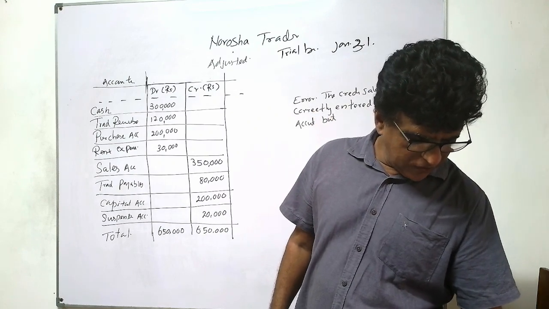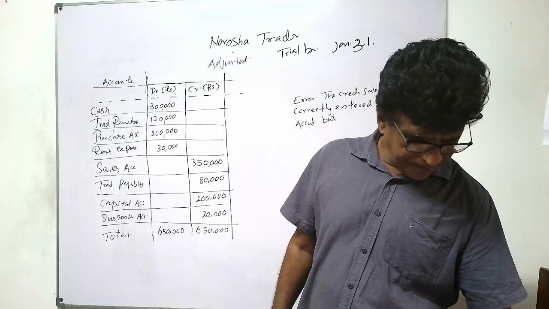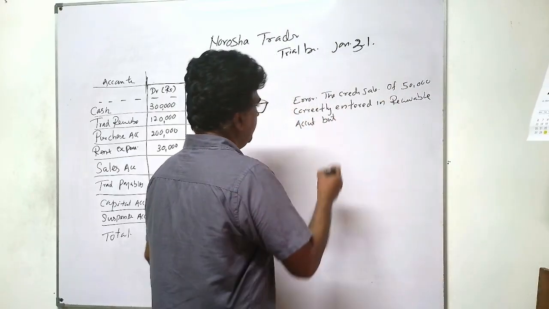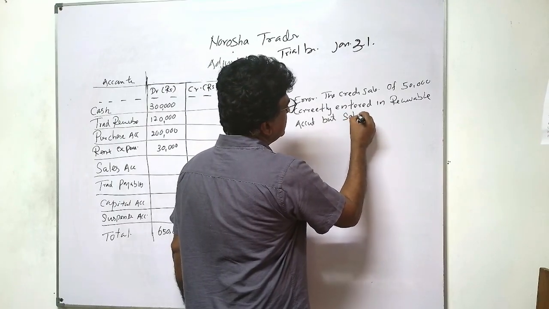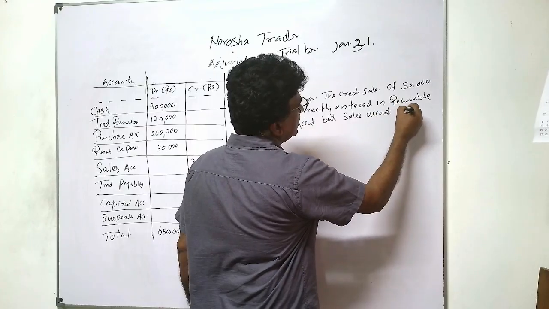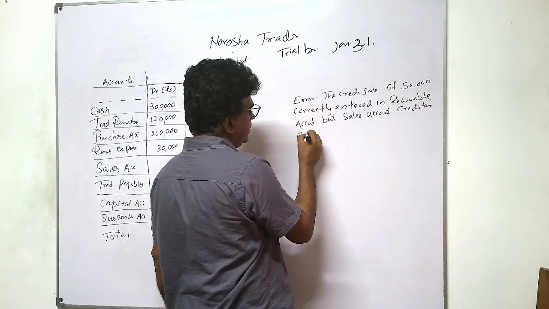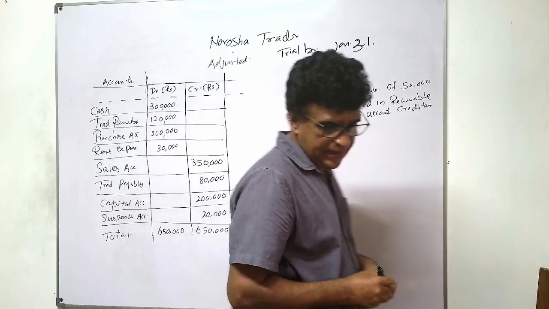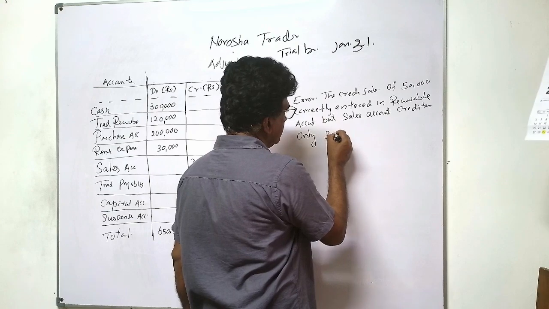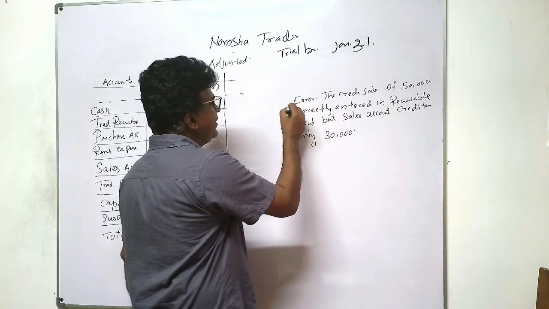We are going to credit the sales account, but the sales account was credited only 30,000. This is the error we have detected.